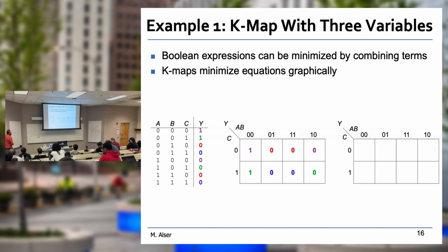First, we look where are the common things. So both cells are represented by A, B being 0, 0, both of them. And when we look vertically, this one is represented by C being 0, and this one is represented by C being 1. So it's not common. So we start with the common things.